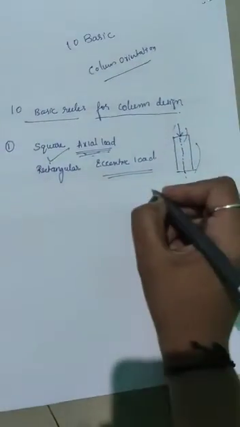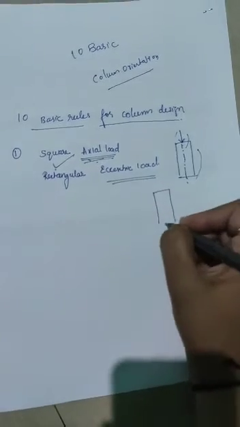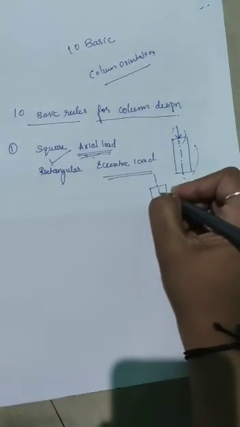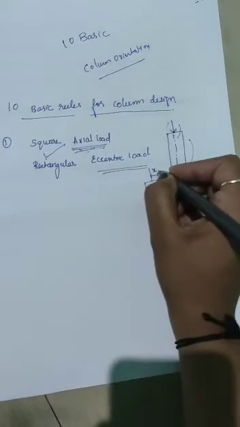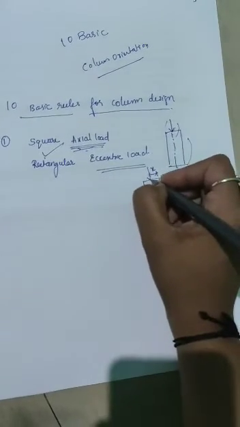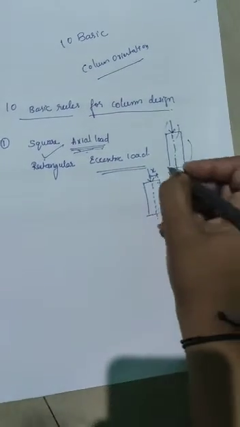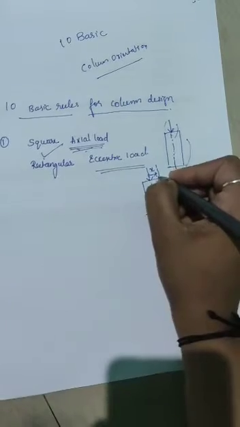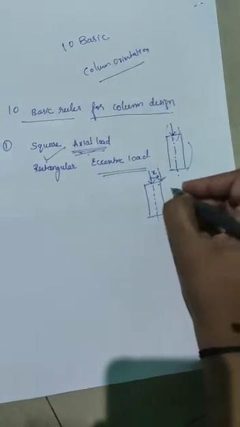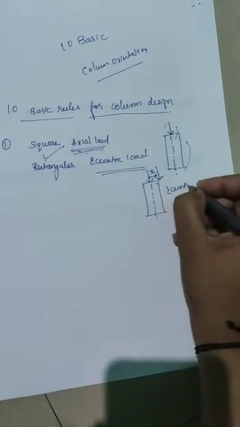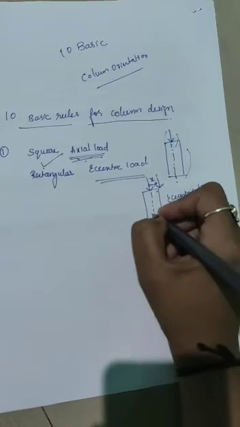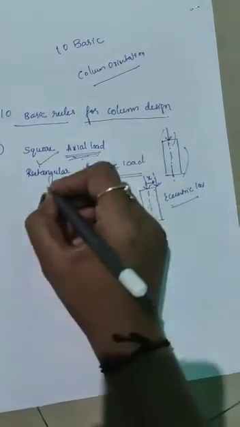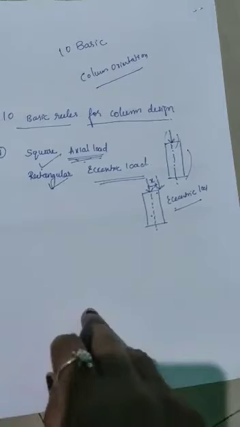If the load is acting at a distance x from the center, that means instead of acting on this point, it is acting here, this is known as eccentric load. In such a case, you need to choose a rectangular column.